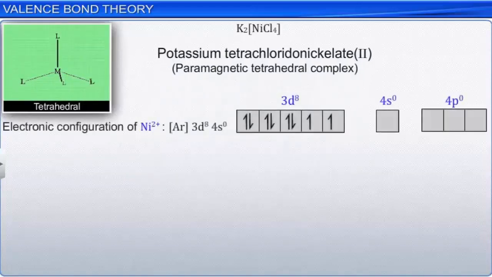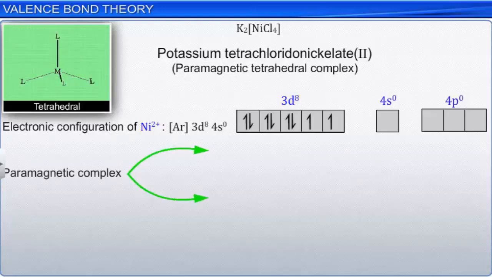In this complex, nickel is in +2 oxidation state and thus has the configuration of argon 3d8. The complex can be paramagnetic only if nickel undergoes sp3 hybridization and not dsp2 hybridization.